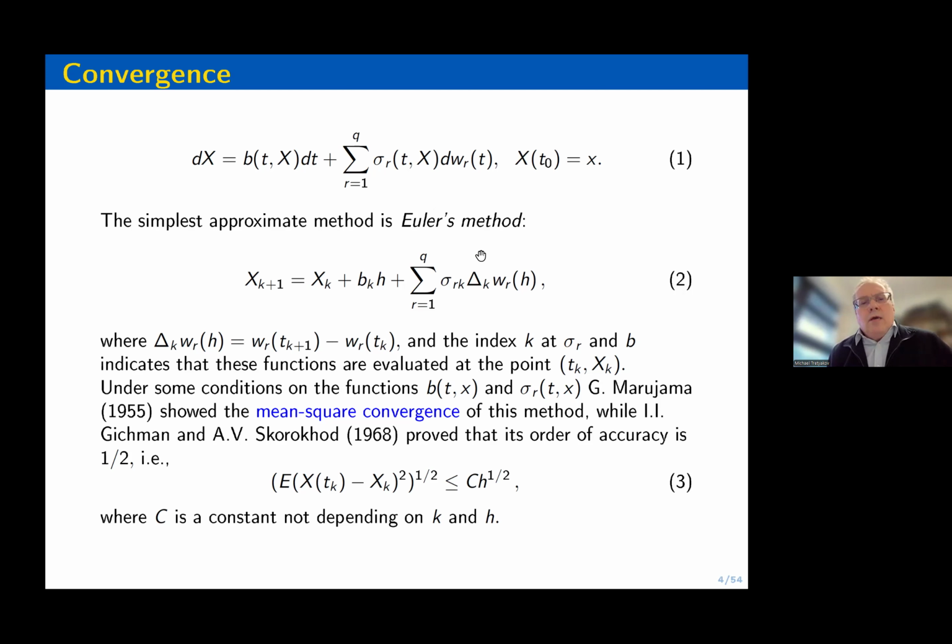In 1974, Milstein proposed the method known as the Milstein method, which is of mean-square order 1, but its complexity is considerably higher than the earlier method, because to realize this method, we need to simulate simultaneously from the joint distribution of Wiener increments and Lévy areas. Theoretically, it's possible to implement, but that's quite expensive.